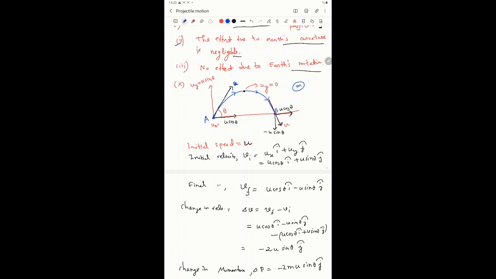So this is ground to ground projection. We are projecting the particle from the ground and collecting it on the ground itself when it has traversed some distance.